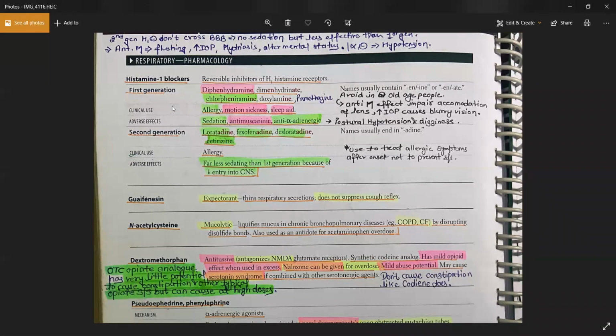They will just give you the drug name and ask you its function, or they will give you a patient with allergy and ask what drug could be given. So, of course, you have to remember the name. But the easy way to remember is by just looking at the endings: for the H1 blocker, adine; for the H2 blocker, tidine, the ranitidine, famotidine, right? So again, this will help you remember easily.